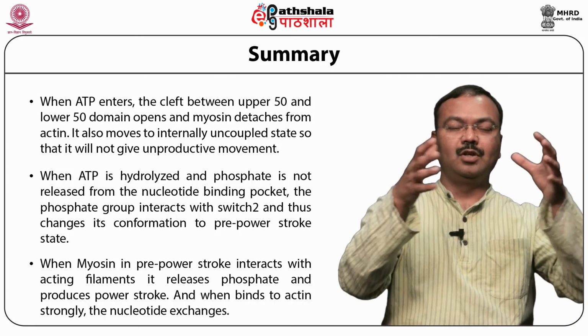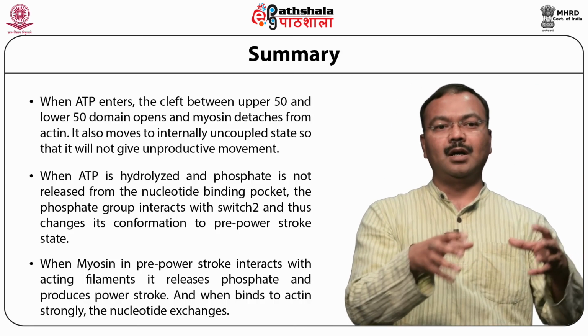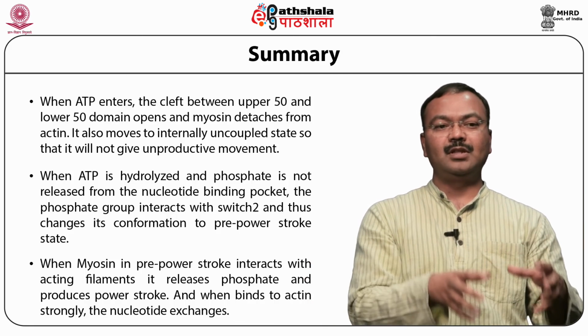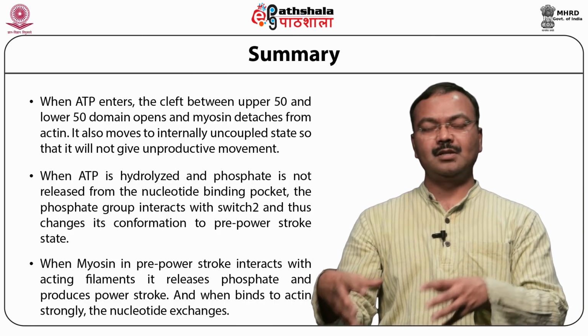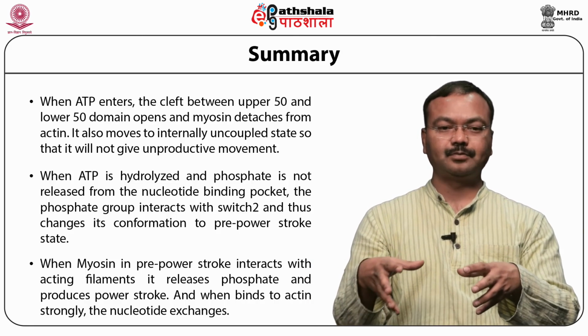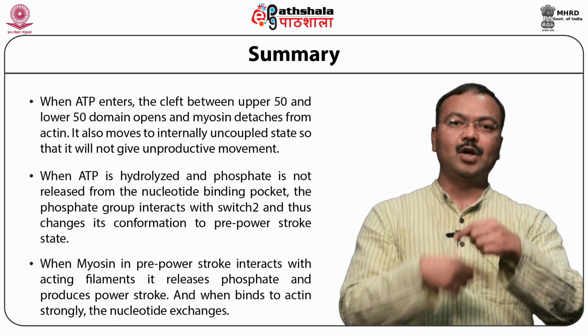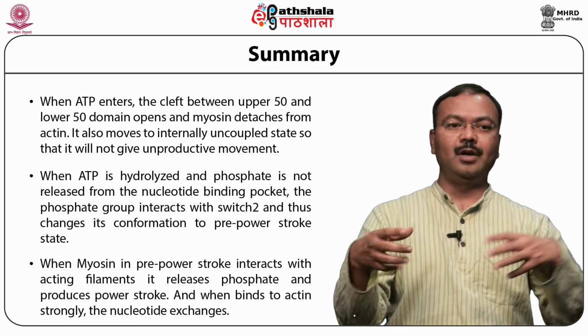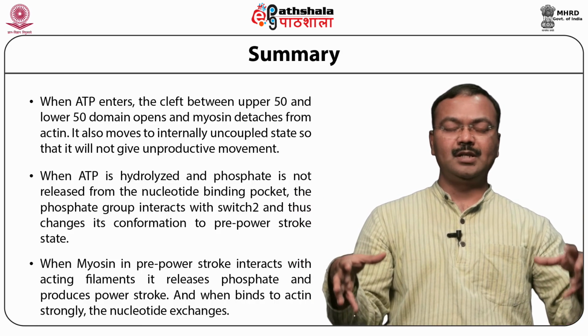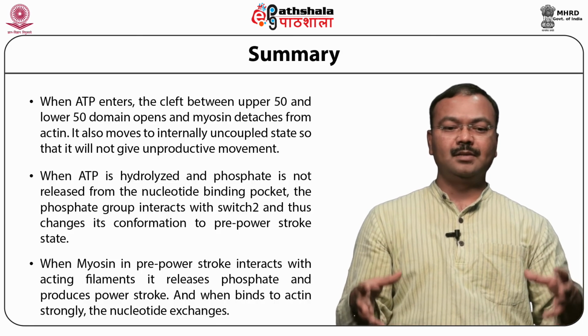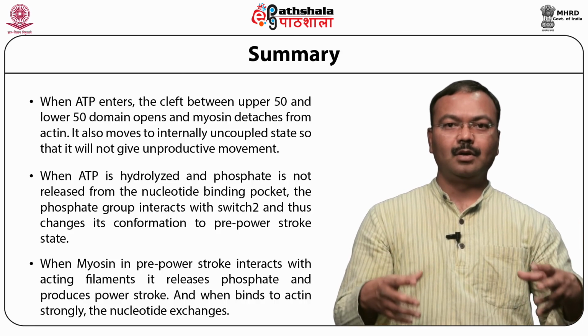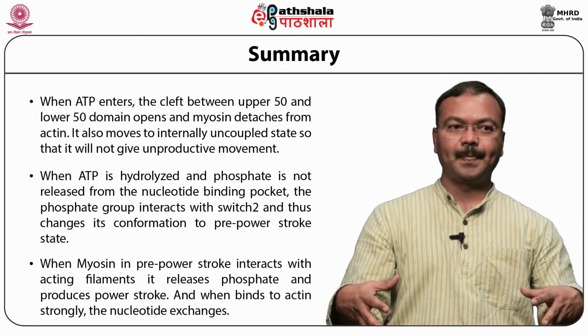This F actin could be disassembled or depolymerized with several accessory proteins which bind to G actin, and this dynamic process is controlled by several accessory proteins and makes the cell function accordingly.